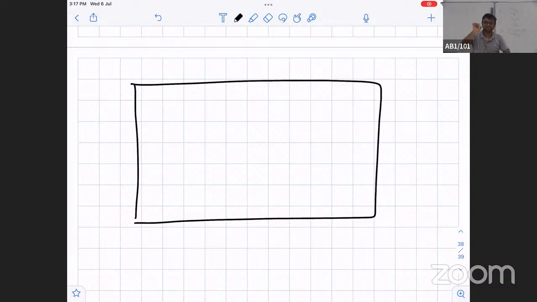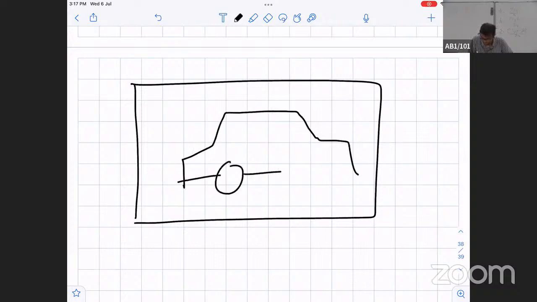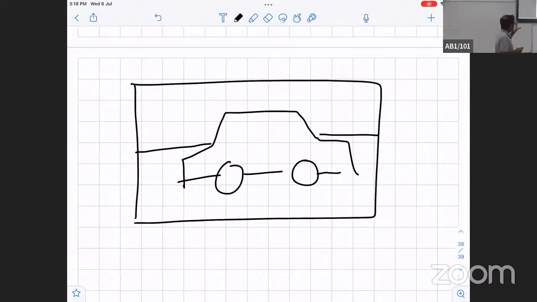I will get the edge of the car, and the edge of the road, something like this. Do you see why that happens? From the original image, you are only getting edges. This convolution operation with this particular filter gave me this. But if I try some other filter, I may get something else.